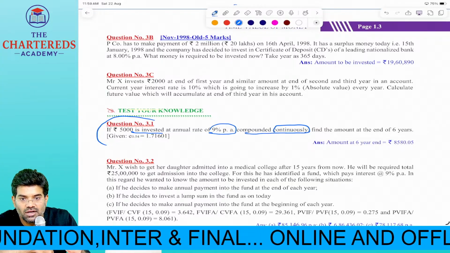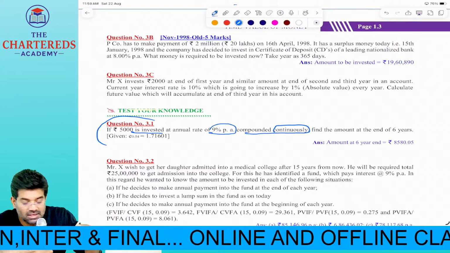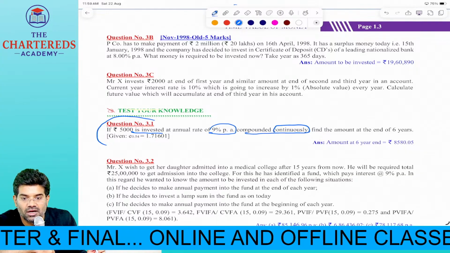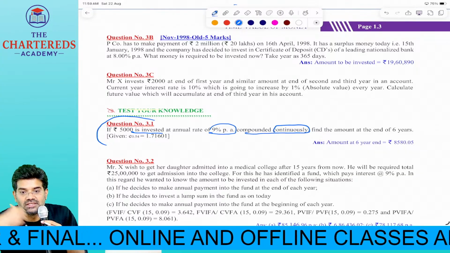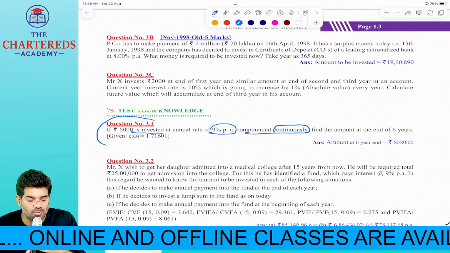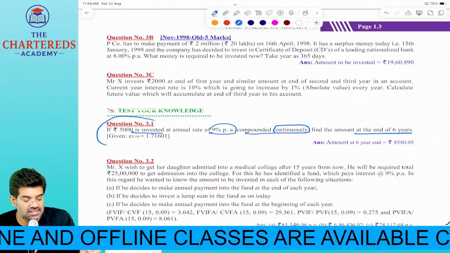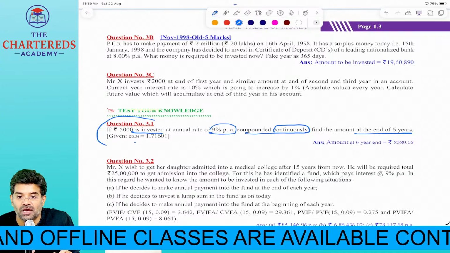We have seen annual compounding, quarterly compounding, semi-annual, daily, monthly. But this is continuous compounding. I told you that for stock market, futures, options, valuations, they will use continuous compounding only. Find the amount at the end of 6 years. Given e power 0.54 value is how much?